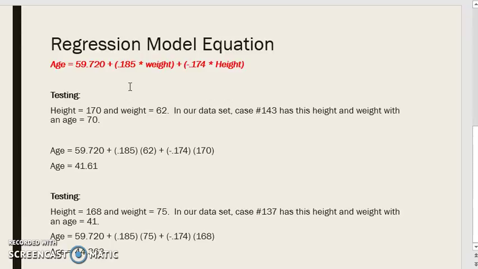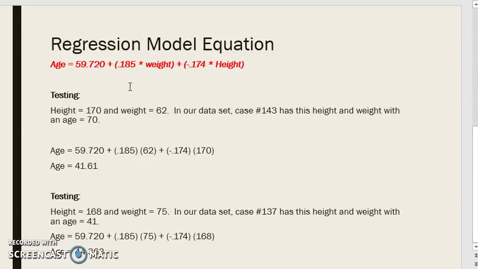Okay. And so now we'd like to test our model using some data from our actual data set, input height and weight into our regression model equation, and see how accurate our regression equation is at predicting age.